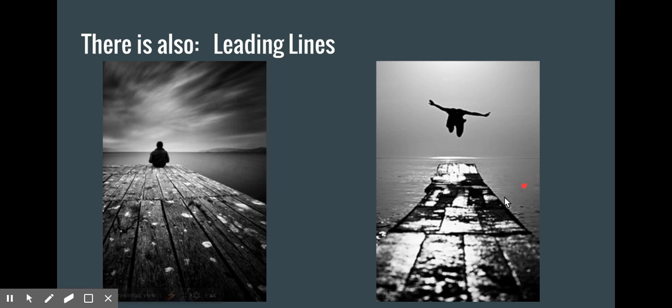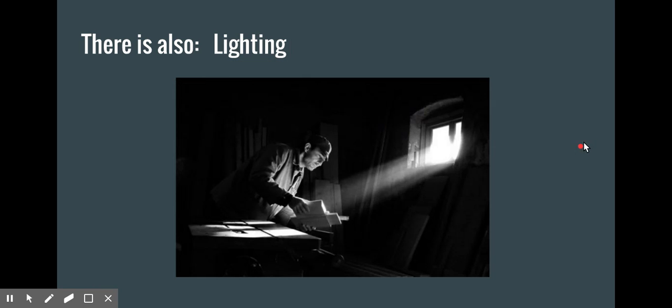There's leading lines. So if we have lines leading our eye towards an object, it also will become the focal point. And we have lighting. So if there are beams of light or shadows that encircle something, our eye is led there first.